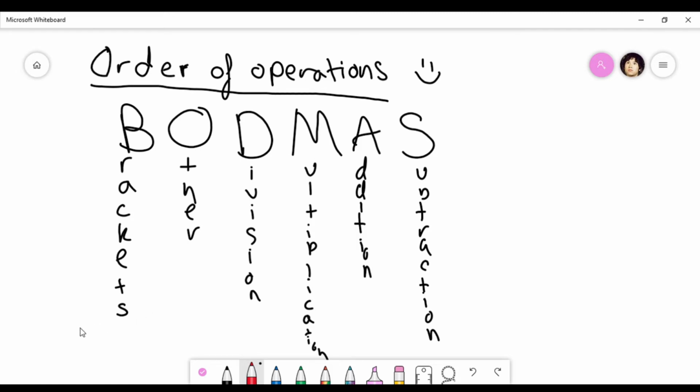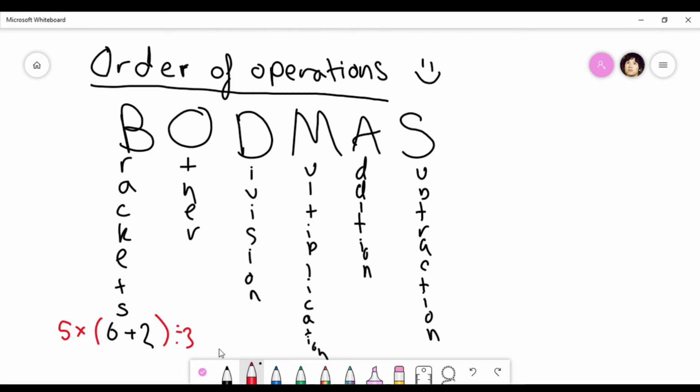Brackets: if you have a calculation in brackets, like brackets 6 plus 2, and then you have something else alongside it, like 5 times or divided by 3 or something like that.